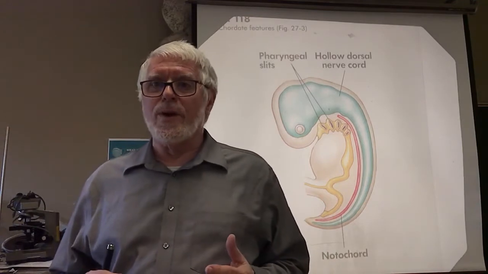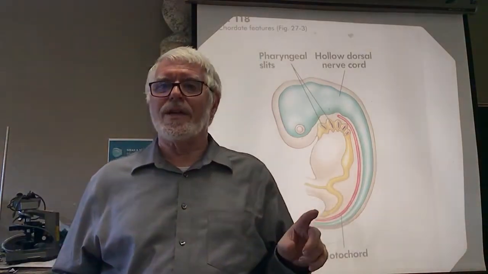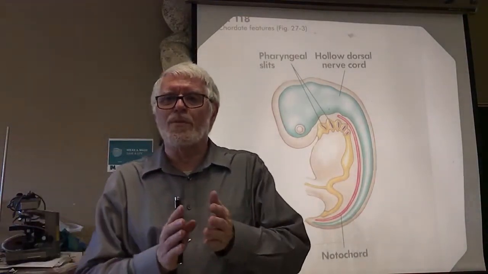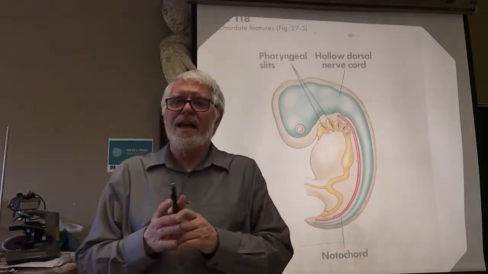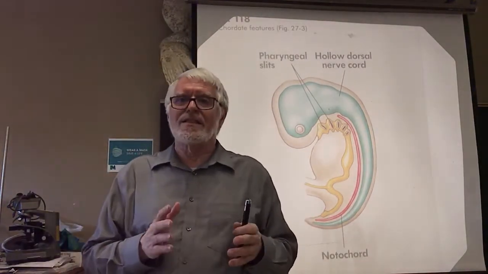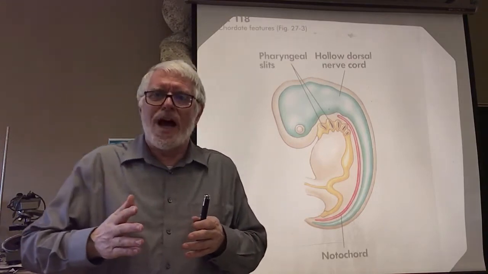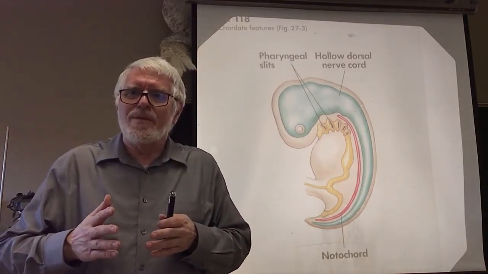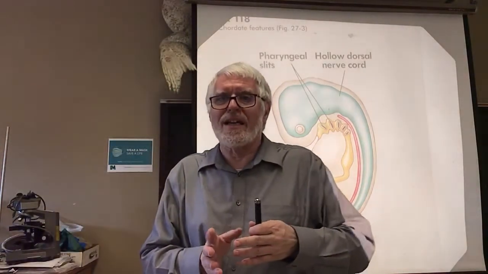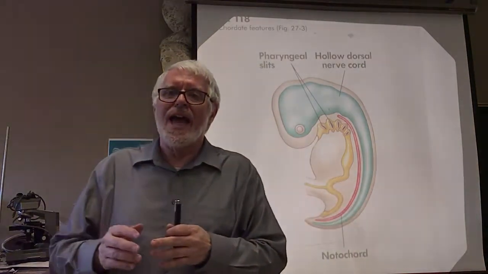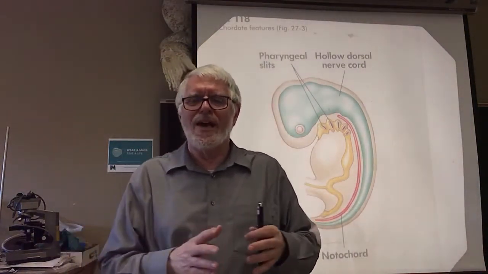In primitive chordates, it is a skeletal element. It's kind of a flexible rod that runs front to back, and it gives the muscles something to pull against. So when the muscles bend the rod to swim, when they relax, the rod goes back, and then it can bend the other way. And so it saves muscle energy.